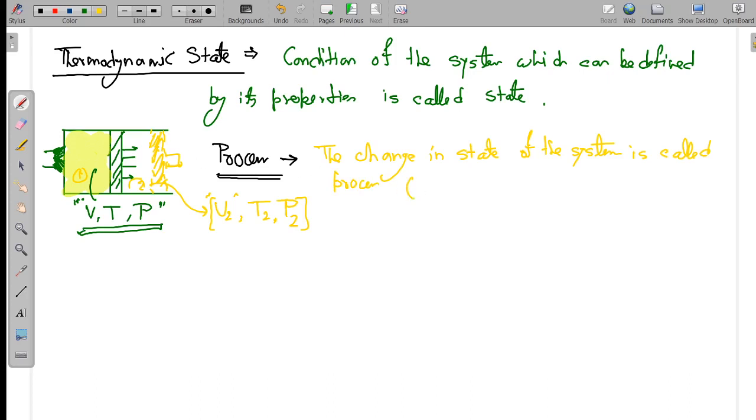In this example, state is changing from 1 to 2, so this is a process 1 to 2. The system is moving from state 1 to state 2. So the system is going through a process to reach from state 1 to state 2. Now, what do we mean by path?